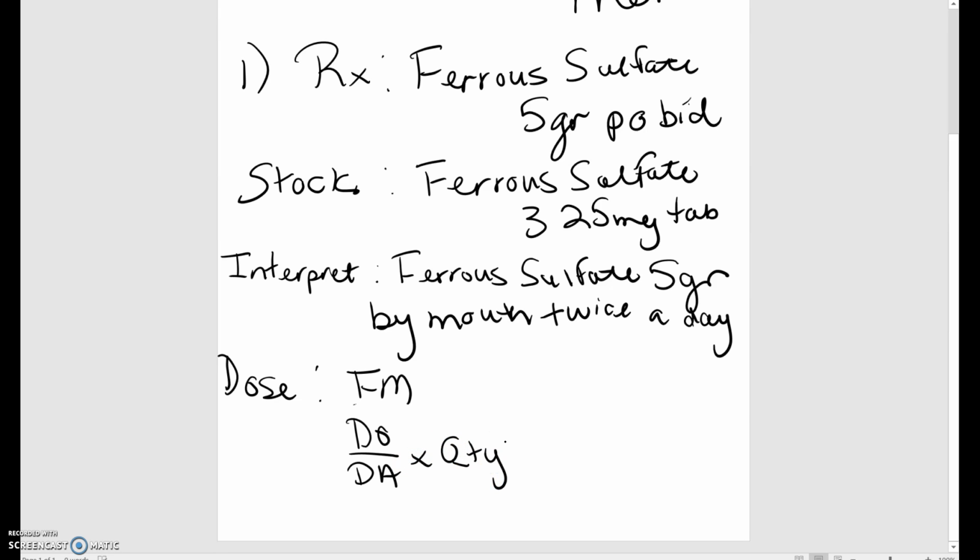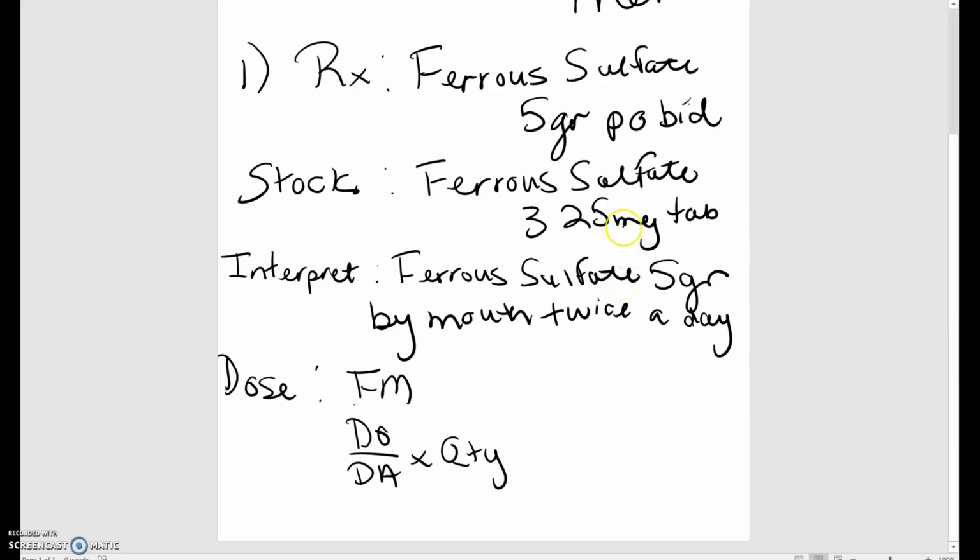My dose ordered is 5 grains. But remember, what you have in stock is 325 milligrams. You need to change the order to match the units for the stock.